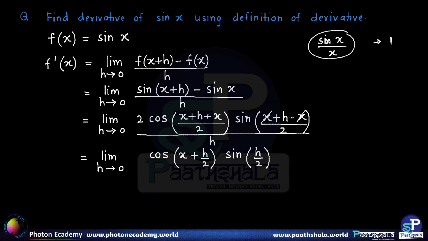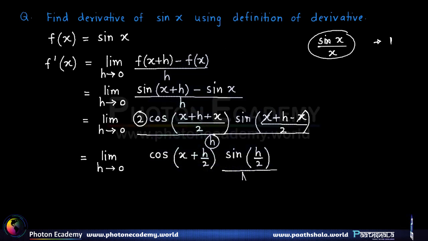So we try to adjust that particular denominator. Now if you observe, there is 2 here and there is h here. So in the denominator we have to write h upon 2, so that the angle which is present in the sine is exactly matched in the denominator.